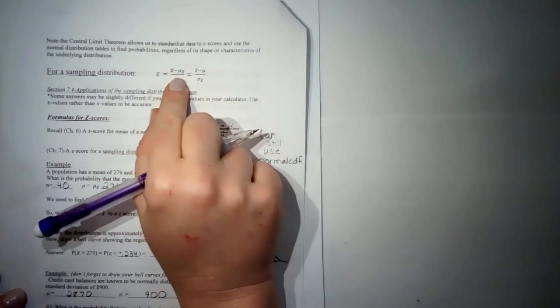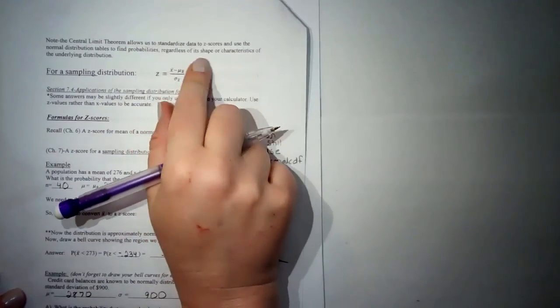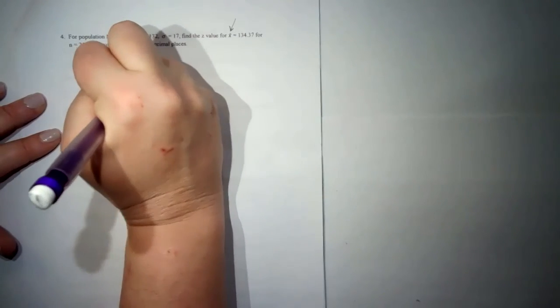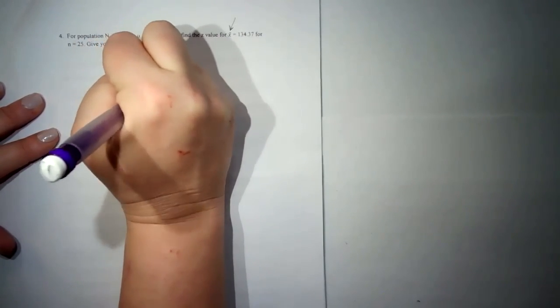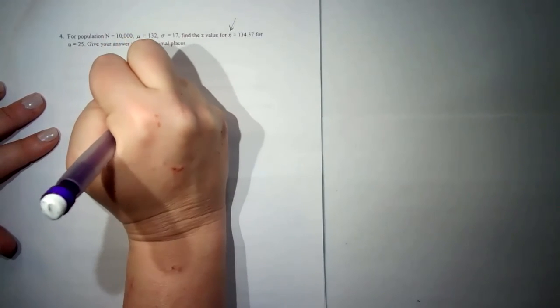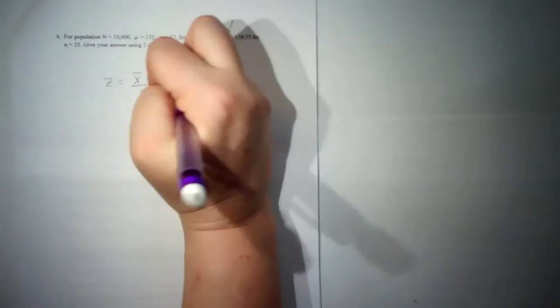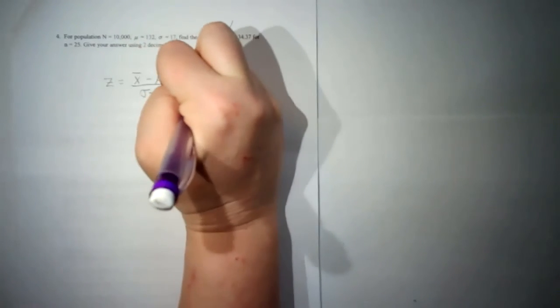So if you go back and look for your z formula dealing with x bar, this is where we are. This is what it wants. So it wants x bar minus the mean over the standard deviation of x bar. That's your situation.